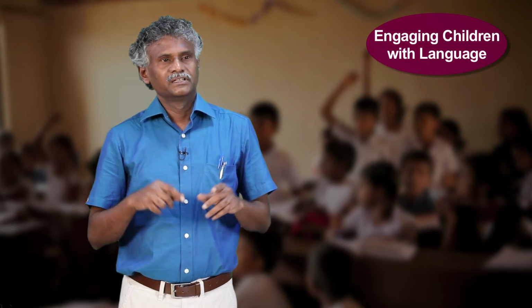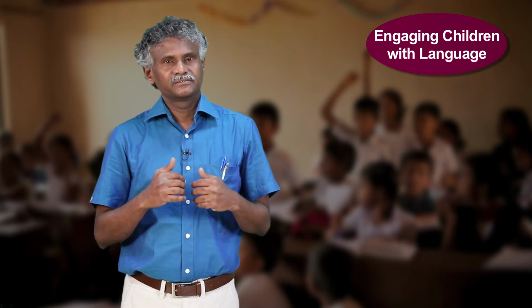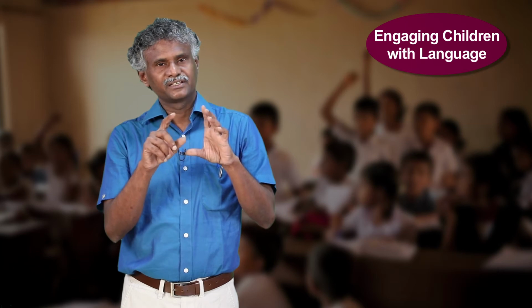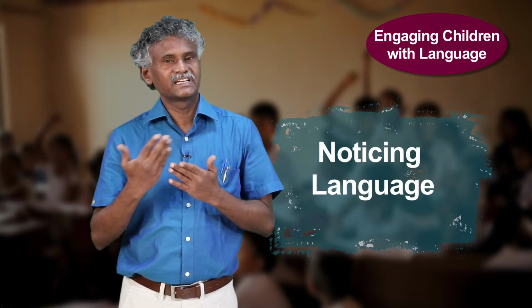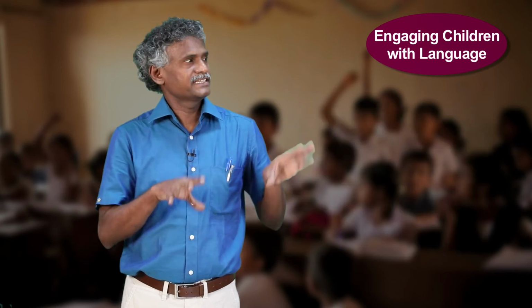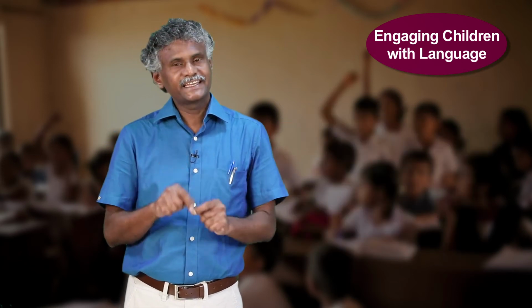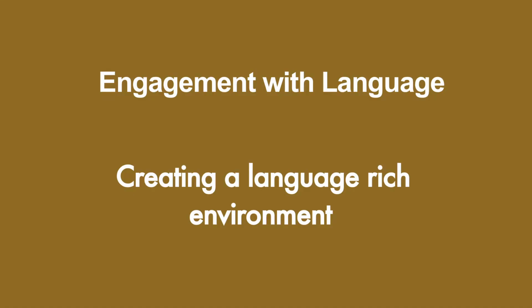How? Children come to school, they have to notice language, noticing by seeing, noticing by hearing, not even listening, hearing. So, here is a teacher who has created a language rich environment by writing the names of the objects on them in whatever languages are available in the classroom. See how a teacher creates a language rich environment.